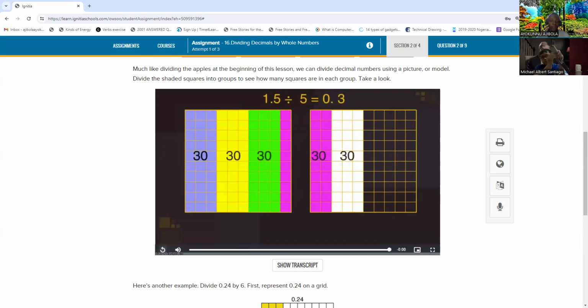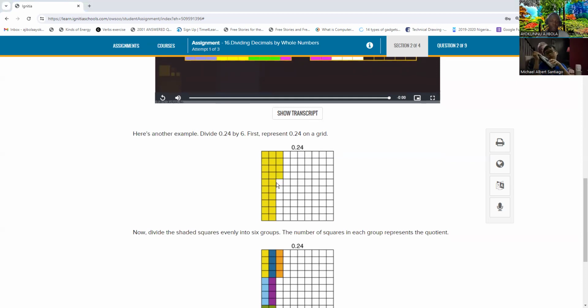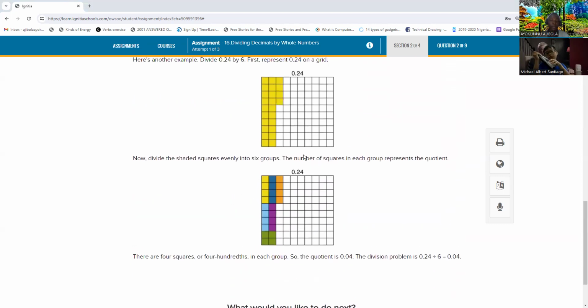So is that clear, Mickey? Yes. Okay, good. Then look at the one at the bottom. 0.24 divided by 6. On a grid, you have 24 out of 100. Then you divide the 24 into 6 groups. Then you get 4 in each group.